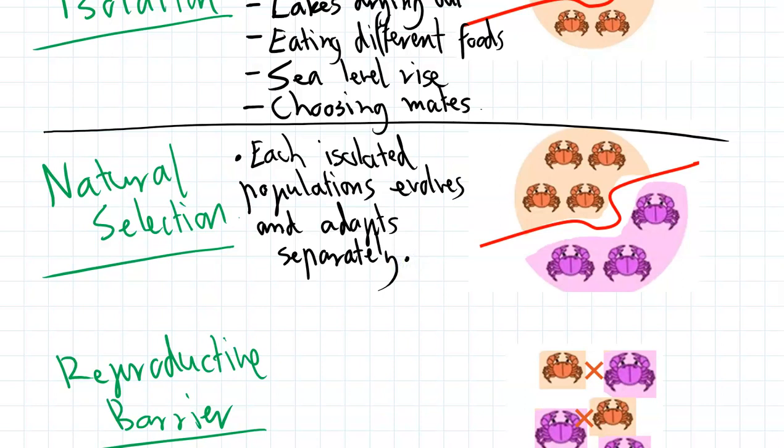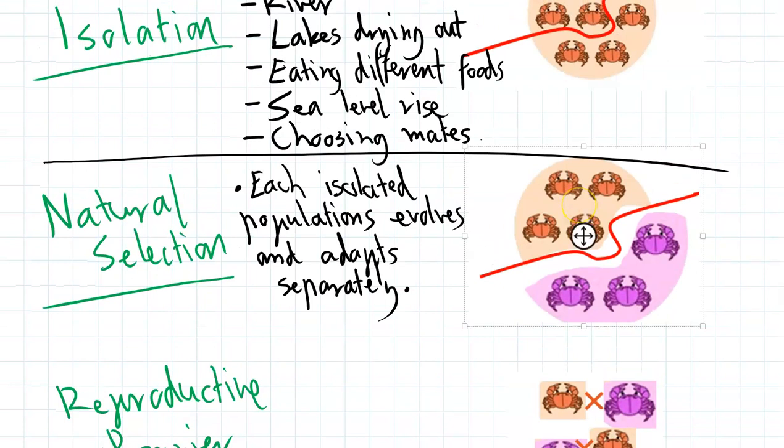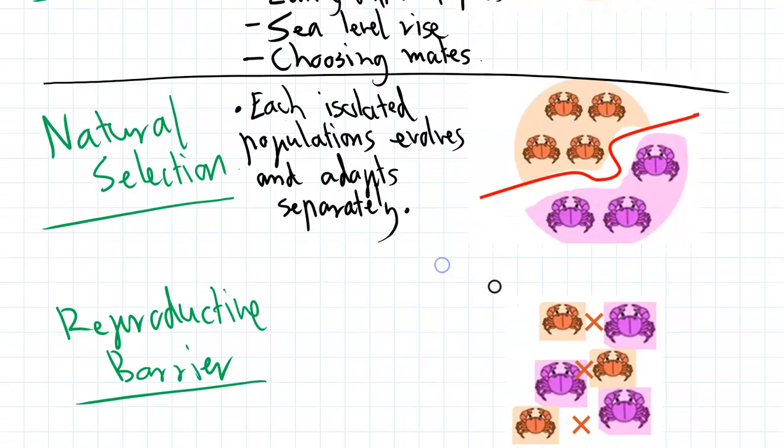And so in our example of swimmer crabs here, this population down the bottom, they've started to evolve in terms of their colour. They've gained purple colouring on their exoskeleton, and they started to grow a little bit bigger too when they reach adulthood. So the orange swimmer crab population, they've still stayed pretty much the same, and that can happen. Both populations don't have to change.